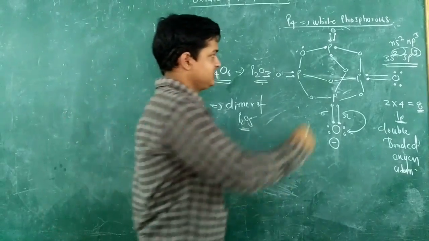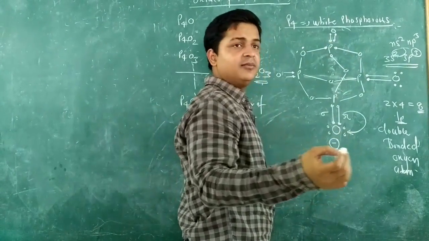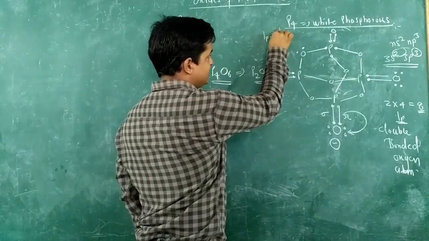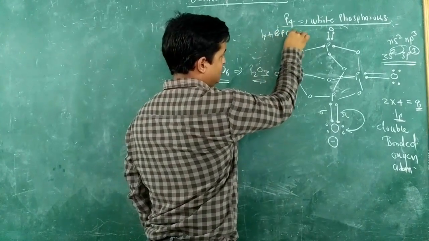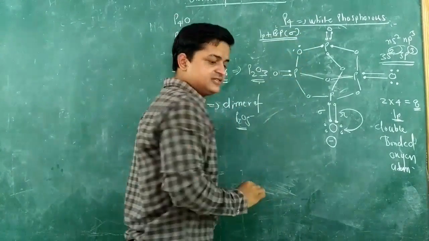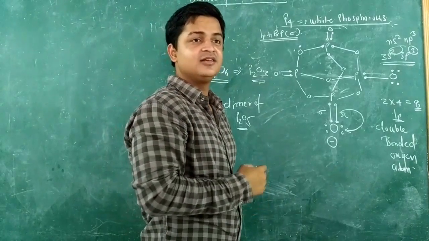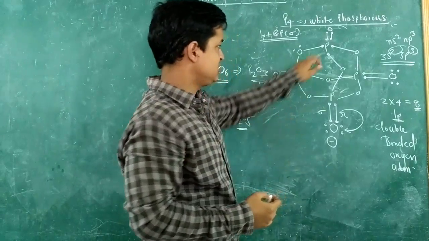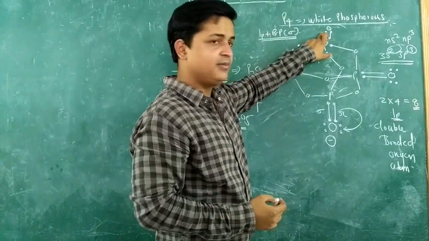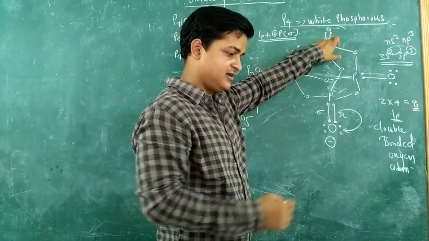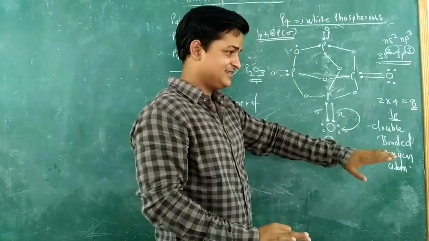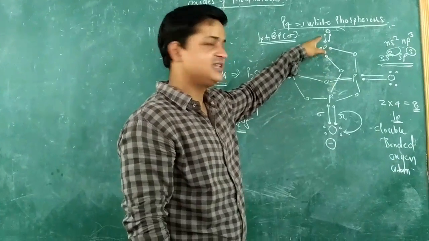So let's first talk about the hybridization. If you're talking about phosphorus, just count the number of lone pairs plus bond pairs, and among bond pairs, only the sigma bonds. This is the best formula for hybridization. So this one is the sigma, this one is the pi, this one is sigma, and this one is the sigma.